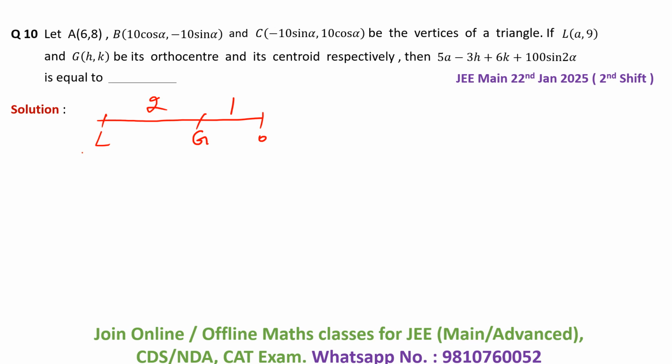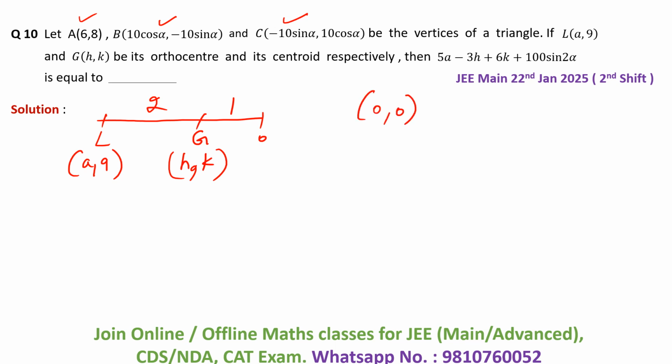Then this is the situation. And now L is (a, 9). G is given to us as (h, k), and then the coordinates of the circumcenter. Now students, look at these 3 points carefully. You can just observe and say that these 3 points are equidistant from the origin. Why?